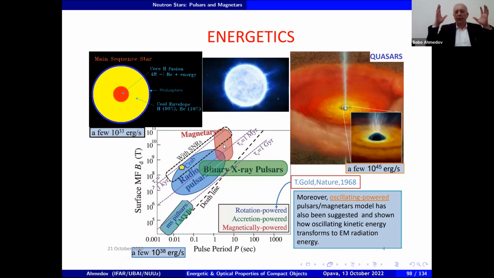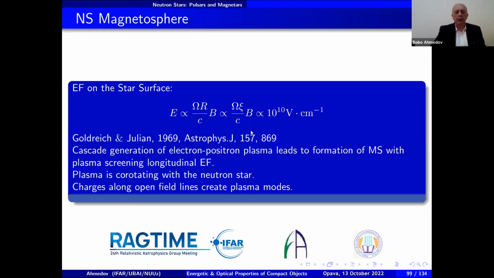So for the observation of them, the magnetic energy of the magnetars is transformed to the radiation which we observe during catastrophic events. And in addition, we may look at the energetics of the neutron star powered by oscillation. So we may look at the case when the oscillation of the neutron stars can be transformed to electromagnetic radiation.